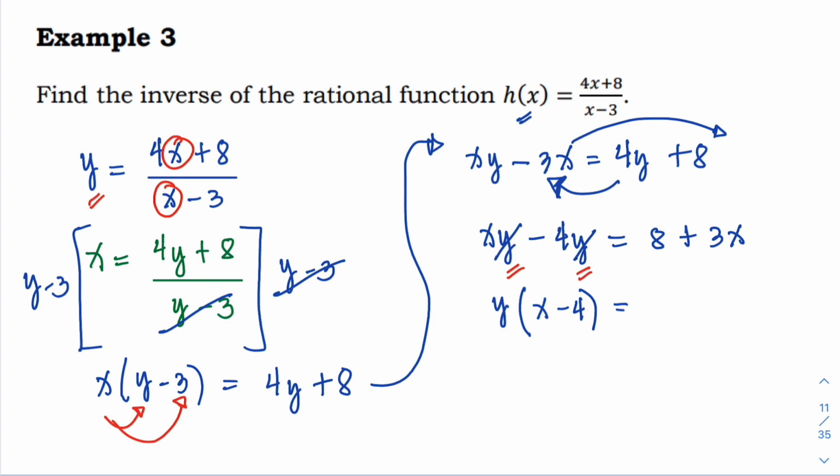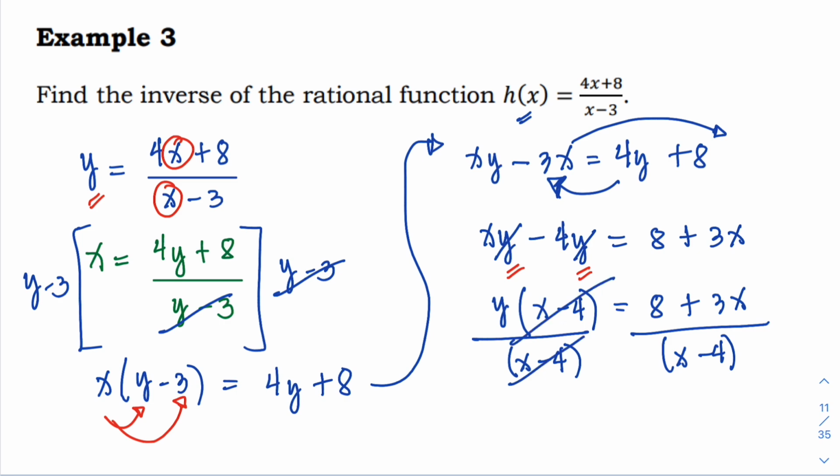Which is equals to 8 plus 3x. So, this time, pwede na natin i-divide both sides of the equation by x minus 4. Para ma-isolate na natin guys yung ating y. So, cancel na natin to. So, meron na tayong y equals 8 plus 3x all over x minus 4.